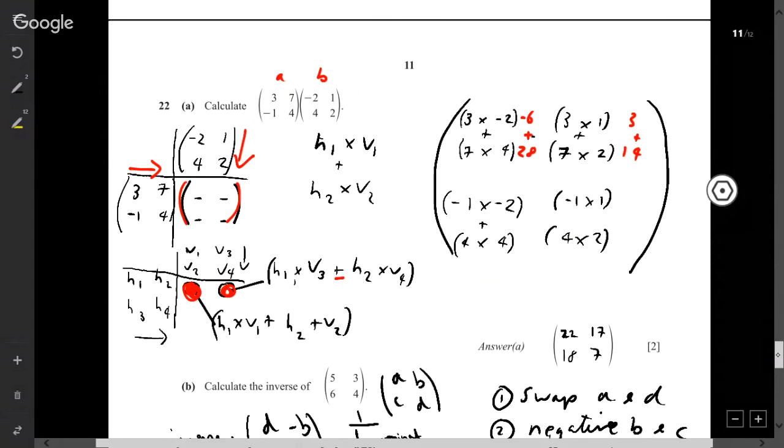So that's 2 and 16, minus 1 and 8. Plus them together, and then we get 22, 17, 18, and 7. And we just write that out as a matrix, and that is the answer.